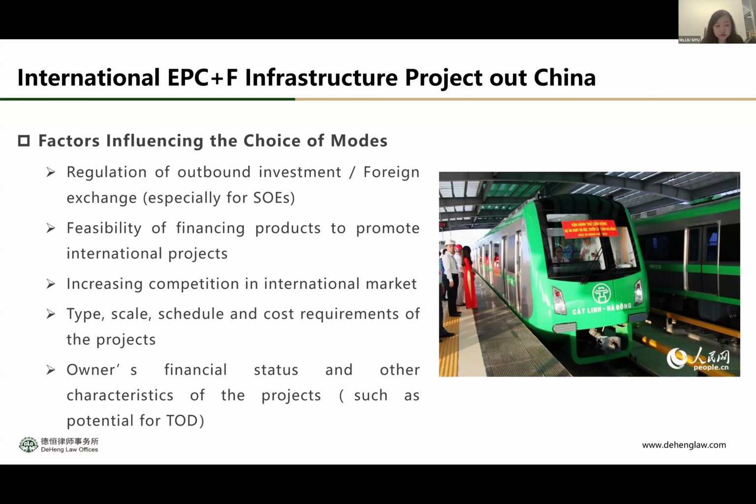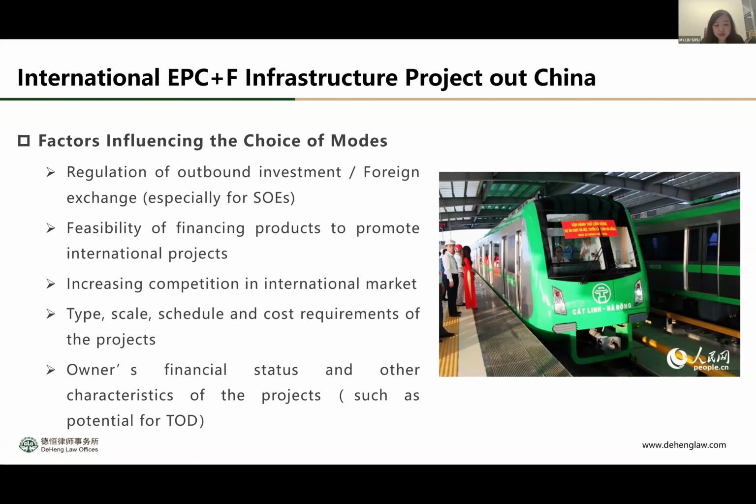So you can see more financial modes like export buyer or export seller credit. The second is the feasibility of financing products to promote international projects, like insurance from Sinosure or loans and other financing products from Chinese banks. They are supporting more and more of these overseas projects.